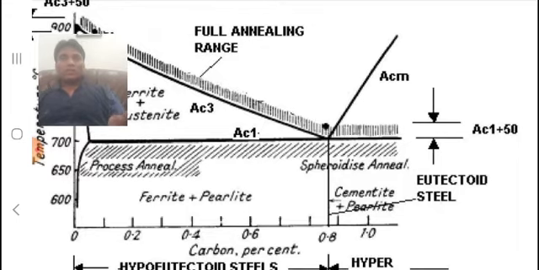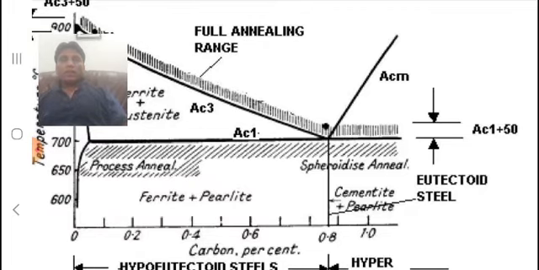So this is the main difference. Because of this, the brittleness of the metal is reduced and it can be easily machinable.